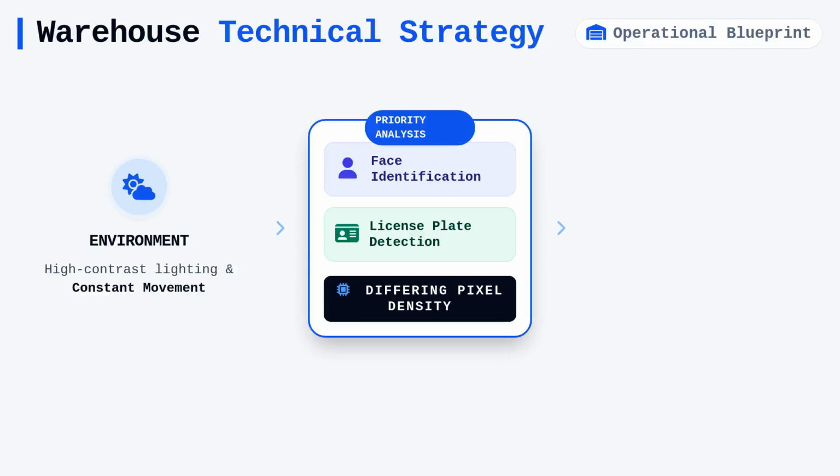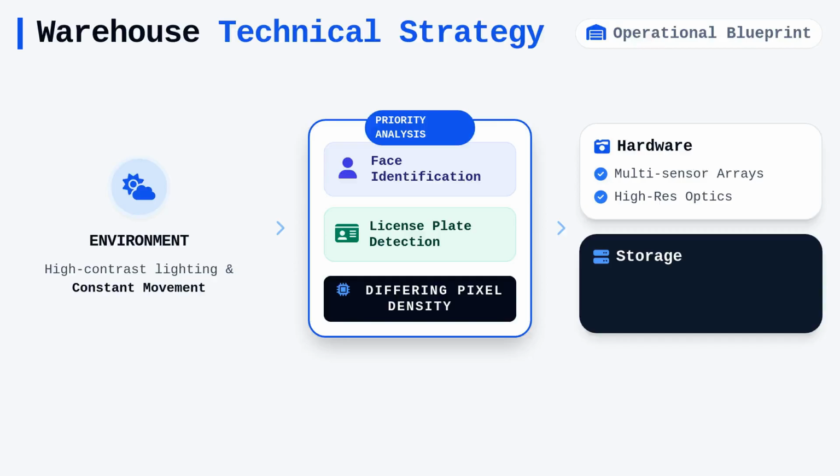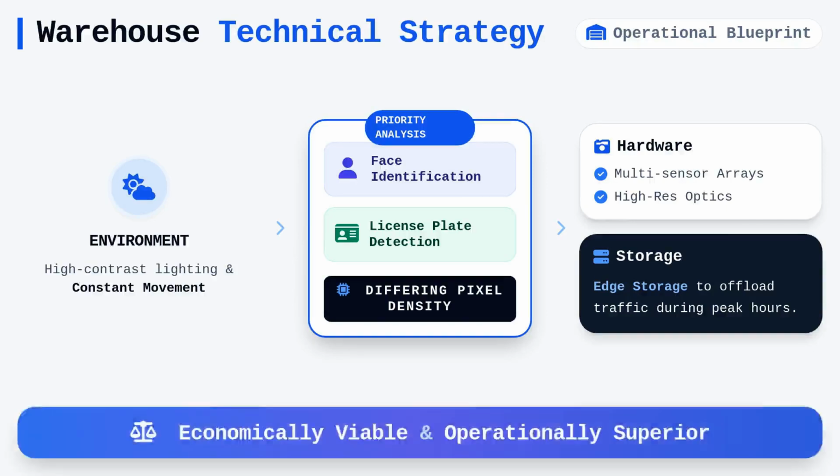A wide-angle field of view satisfies general awareness, but it fails to provide the forensic detail needed for actionable incidents, forcing us to consider multi-sensor or high-resolution solutions. We then evaluate the storage impact of these choices, perhaps incorporating edge storage to offload traffic from the primary network during peak hours. This holistic perspective ensures that the technical blueprint is economically viable while remaining superior in its operational output.